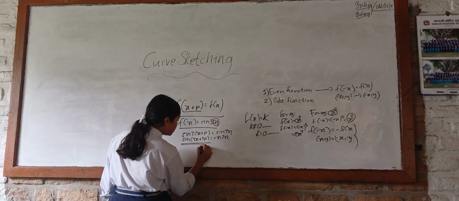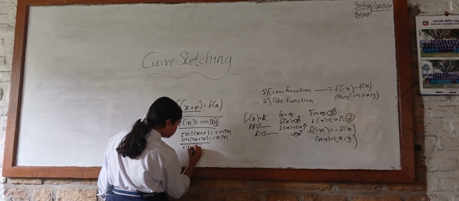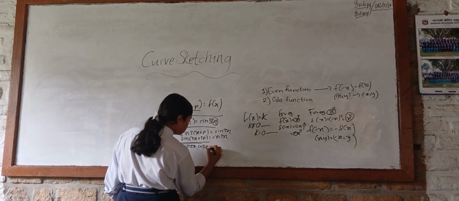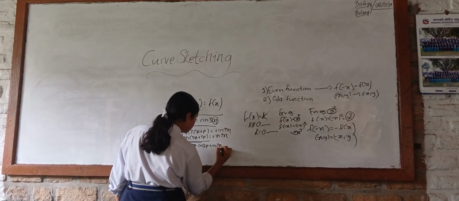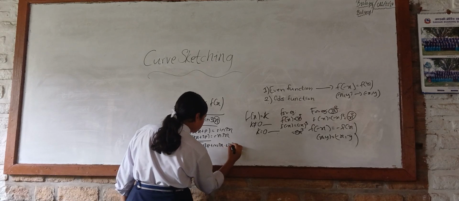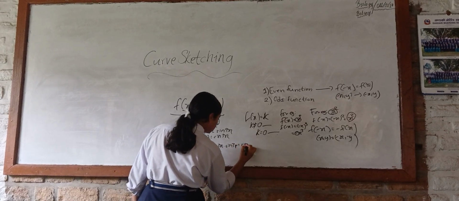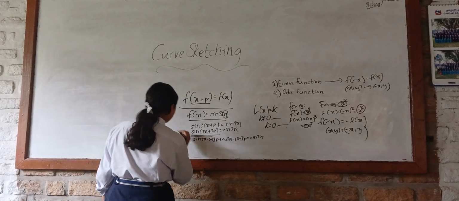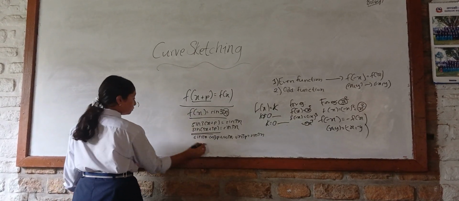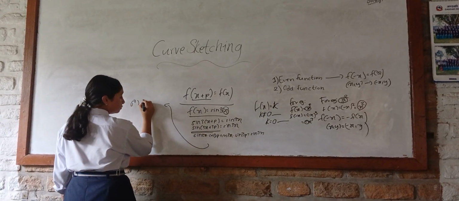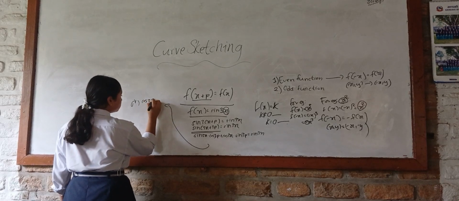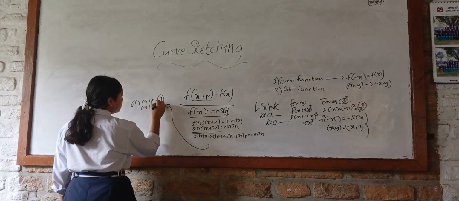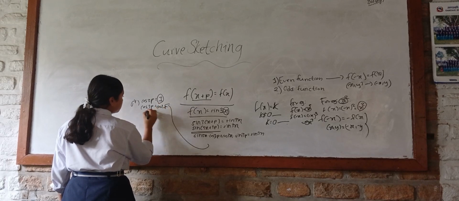Use the formula of sin(a + b). Now equating the coefficient of sin 3x, we get 1 is equal to cos 3p.